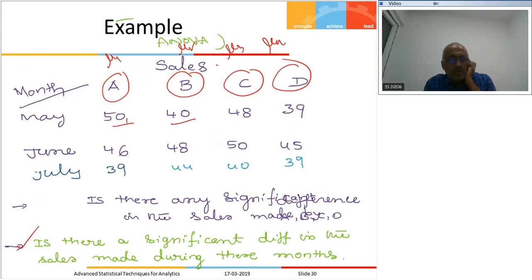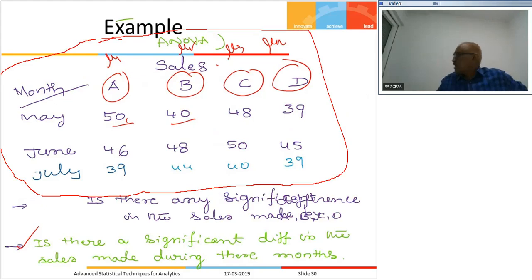Now, suppose we take this problem. We have data for 4 sales teams A, B, C, D, and the sales they have done during the months May, June, July.